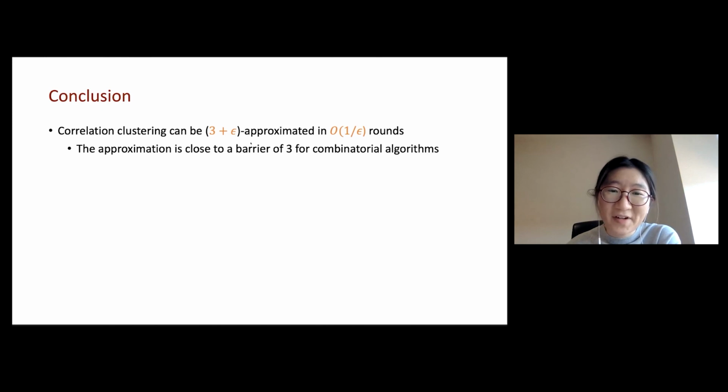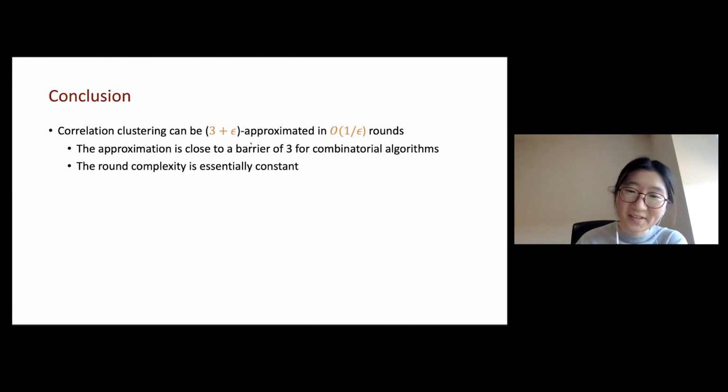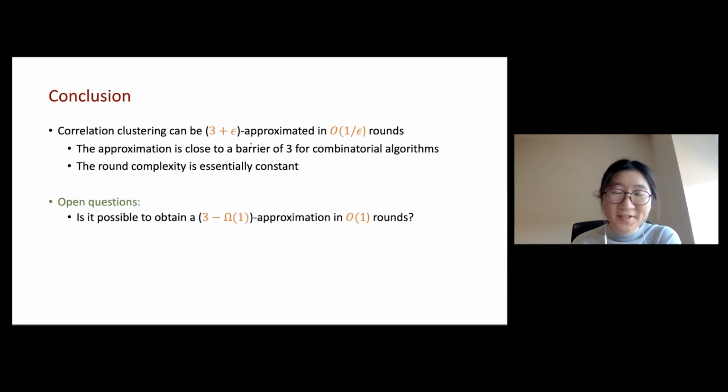The approximation factor is close to a natural barrier of 3 for any combinatorial algorithm, and the round complexity we achieve here is essentially constant. There are several interesting open questions remaining. For example, it would be very interesting to get a better than 3 approximation in constant rounds, which will probably involve new techniques.